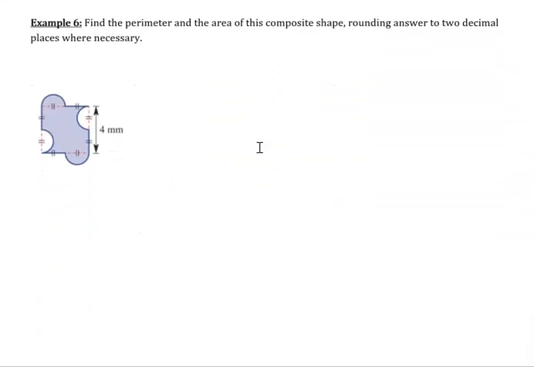Now this one looks tricksy, but it's not. For this, we are going to find both the perimeter and the area of this composite shape, rounding each decimal to 2 places if necessary. So perimeter, that's going to be interesting. What we're looking at is a square, essentially, because there are 2 of those that are equal on each side.